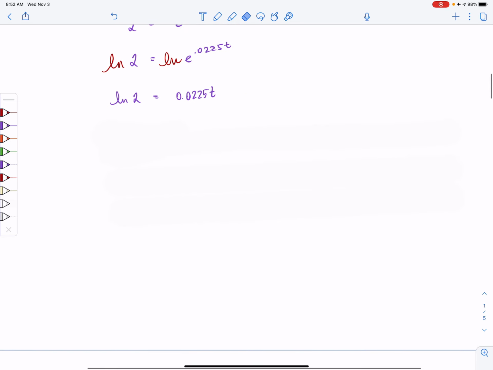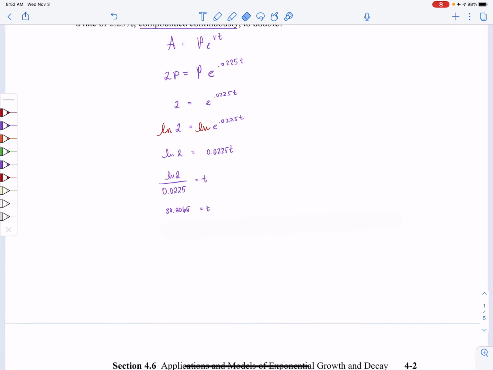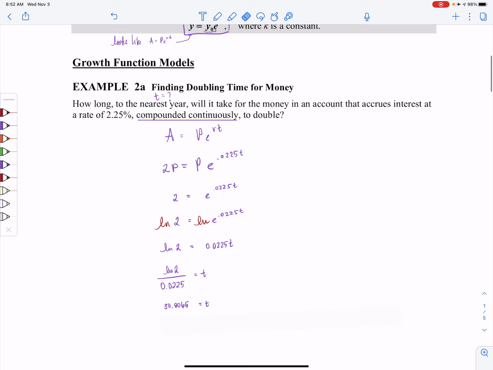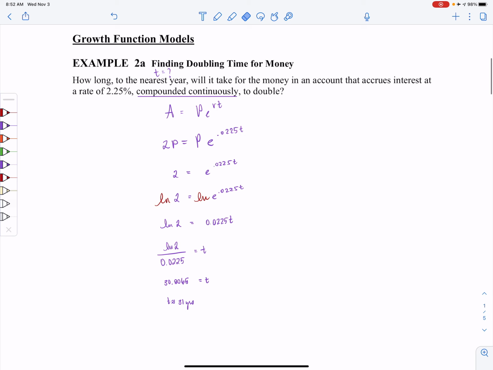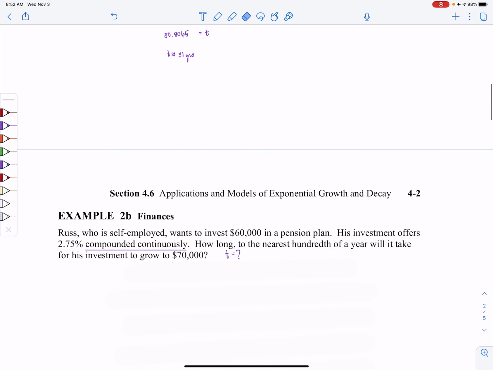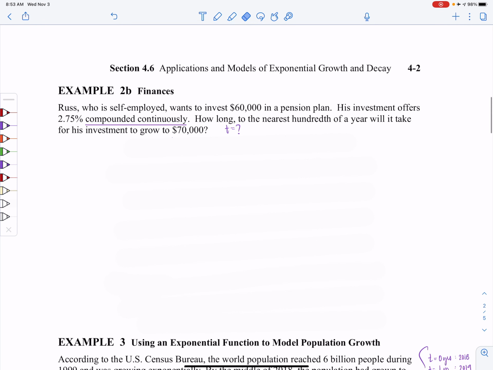And then I'll divide on both sides by my decimal, plug that into my calculator, and let's take a look at what it says here. We're supposed to answer to the nearest year. So my time is going to be approximately 31 years for my amount that I invest to double.